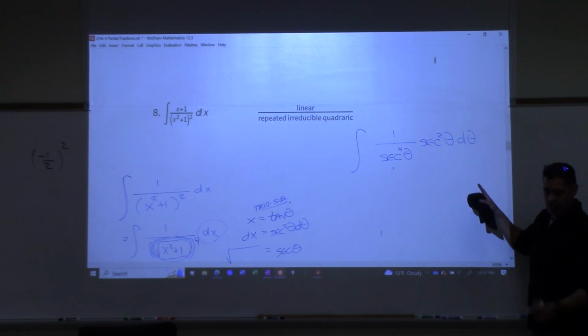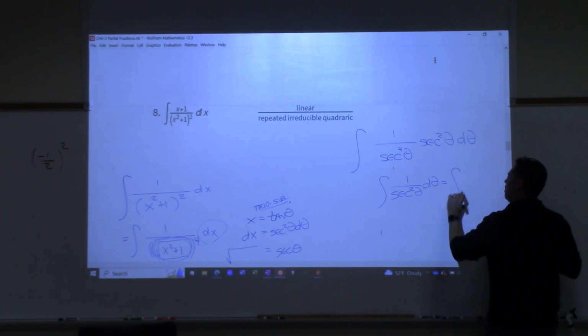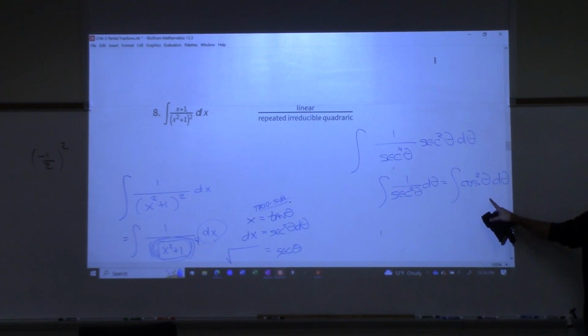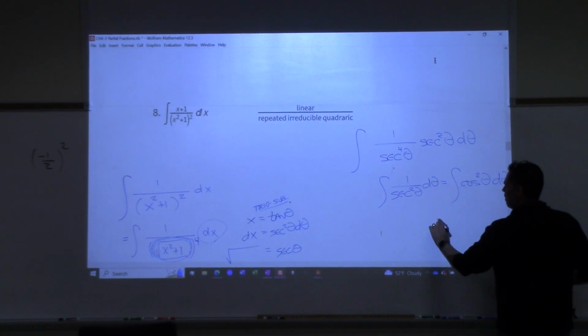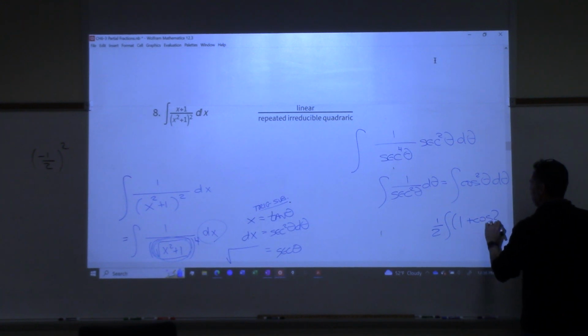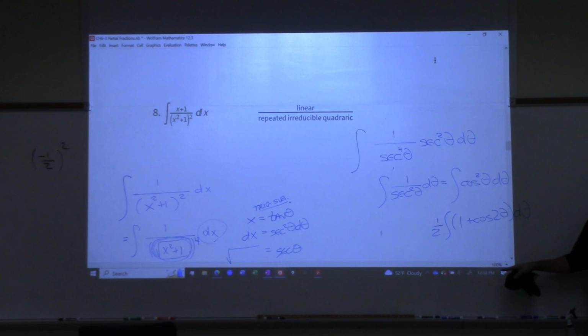This turns into 1 over secant squared, and that's cosine squared theta, which a lot of you didn't want to do this integral earlier today, right? That's a double angle. So this becomes 1/2 integral of 1 plus cosine 2 theta. And then you have to do the antiderivative of each of those.